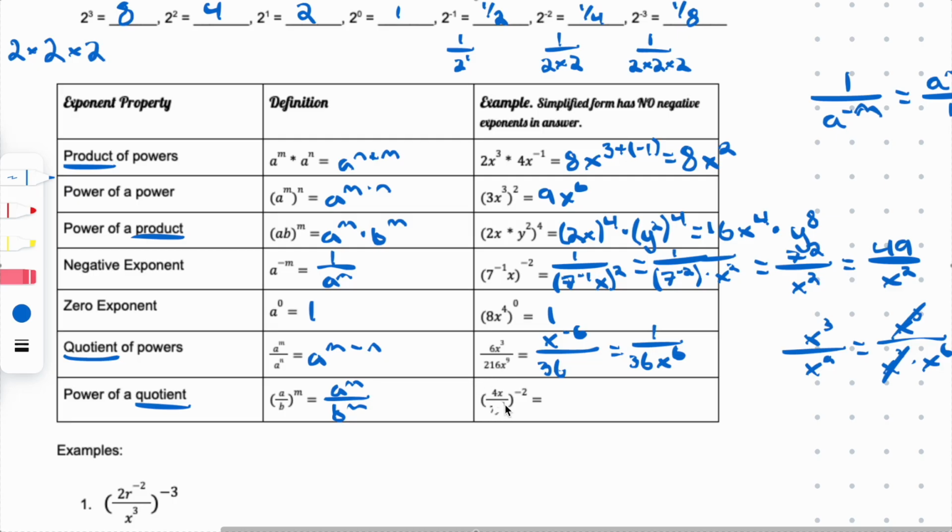So for example, in this case, we want to have 4x to the negative second power, and all of that over 7y cubed to the negative second power. When we just want to simplify, remember we have to distribute this to both the 4 and the x.